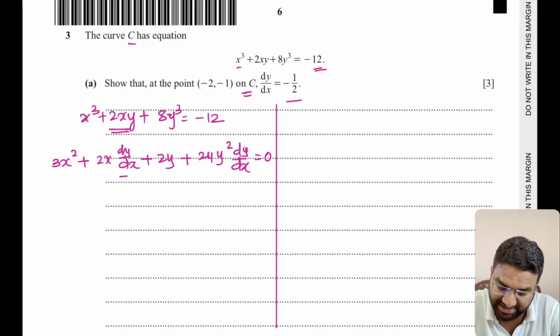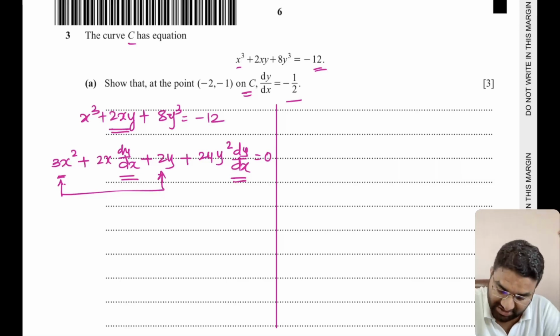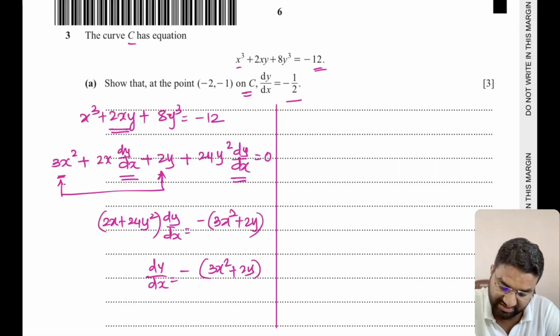Take the dy by dx terms together and transfer the terms without dy by dx to the right hand side. So we will get 2x plus 24y squared, times dy by dx, is equal to negative of 3x squared plus 2y. Then dy by dx is negative of 3x squared plus 2y, upon 2x plus 24y squared.